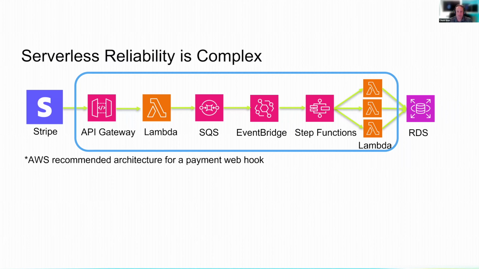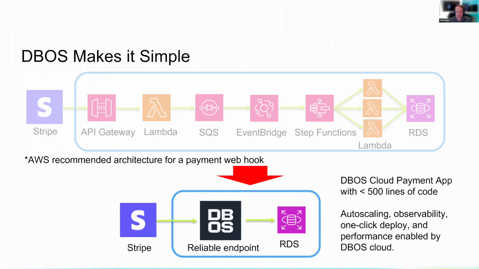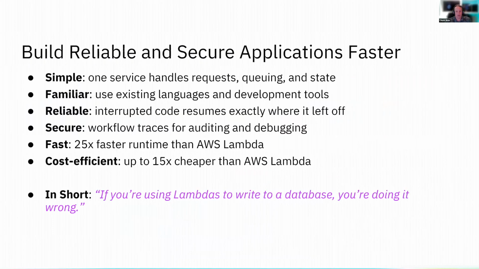And then some other code to go write to the database later. You can do all that much more easily with DBOS because it knows things about taking API calls and writing to a database. I would go so far as to say, if you're using Lambdas to write to a database, you're doing it wrong. It's just not as simple.